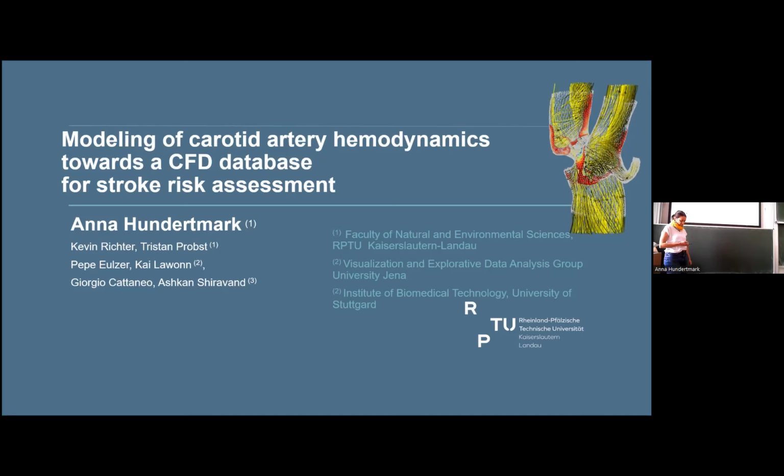We are part of a bigger project, responsible for numerical simulation on real patient-based carotid arteries. I say arteries because in the end we produced a bigger database of hemodynamics of carotid arteries with almost 200 patient cases. Now I would like to speak about how we did it and what we did.